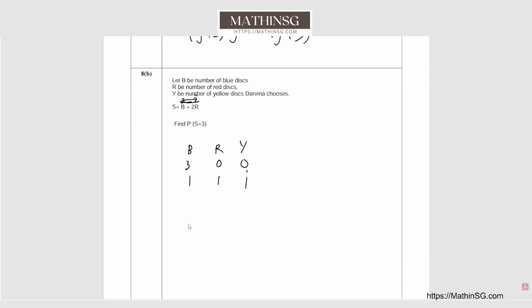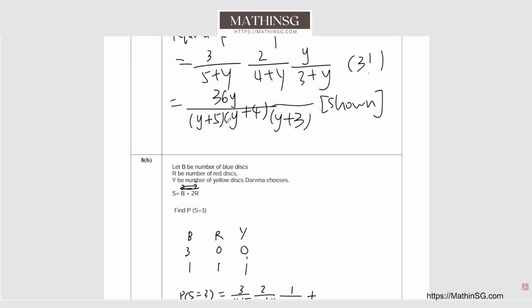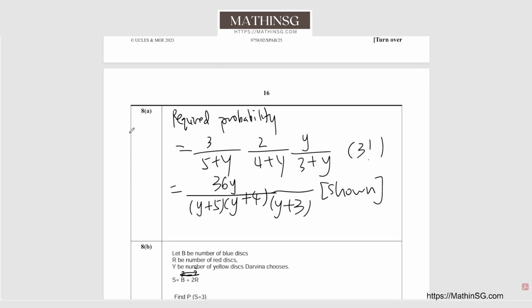Okay, so now let's find the probability of S equals 3. If you want to have 3 blue, it will be the first one is blue, second one is blue, and third one is blue. And there is only one way of obtaining blue, blue, blue. Next, I want 1 blue and 1 red and 1 yellow. So this is equal to what we have found in 8a, right?